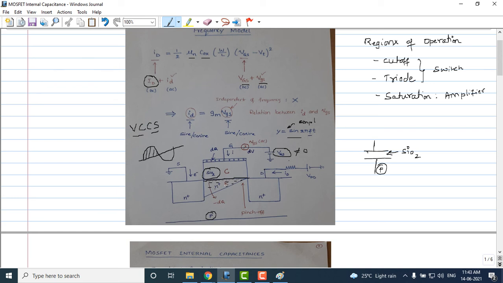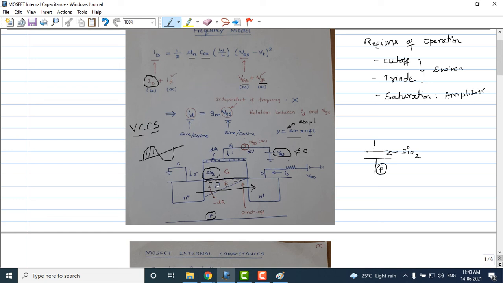Accordingly, the resistance of this channel region also changes. Where there are more charges, you will have less resistance in this region. And as current flows from the source side to the drain side like this, current here will experience more resistance, and current here will experience less resistance.